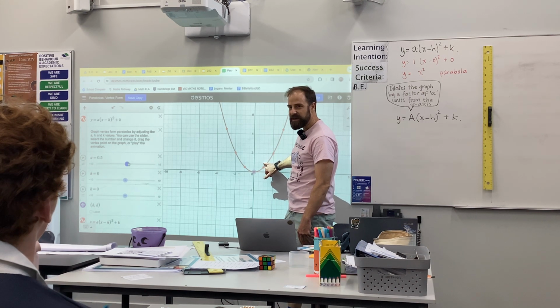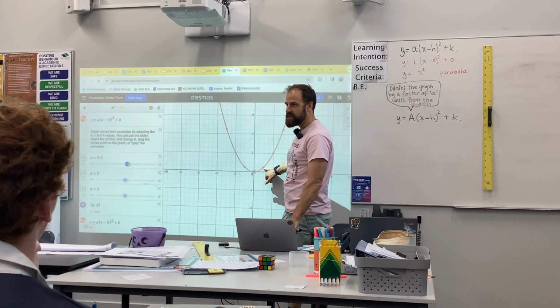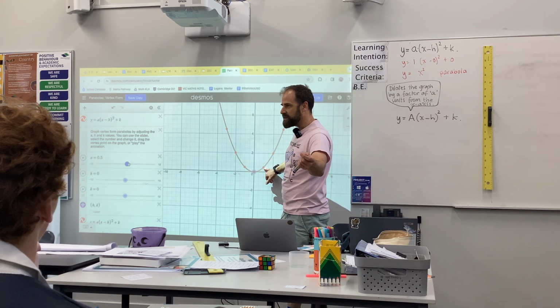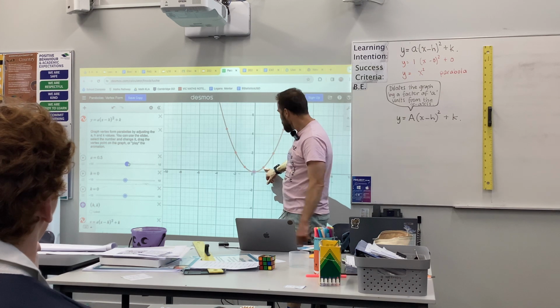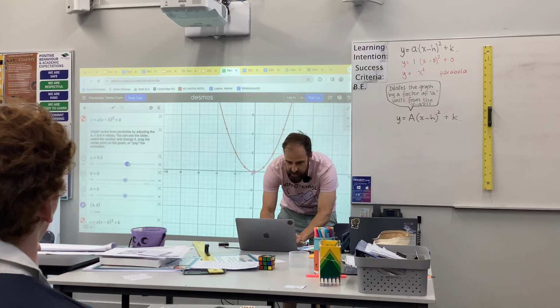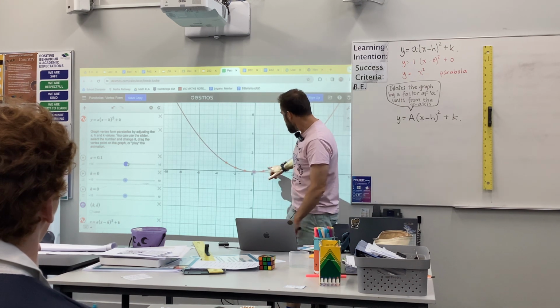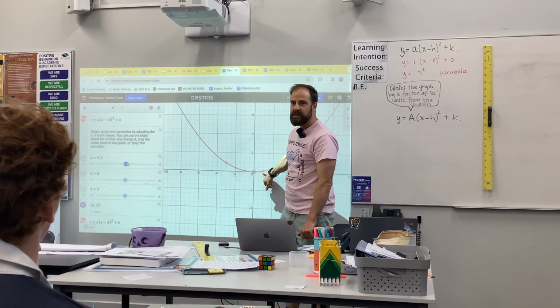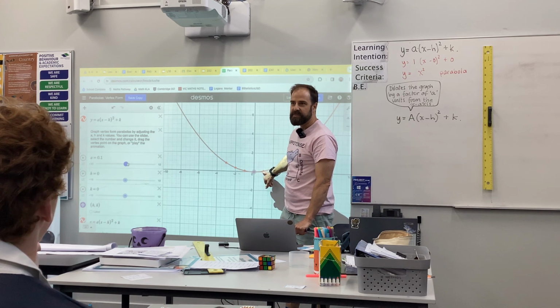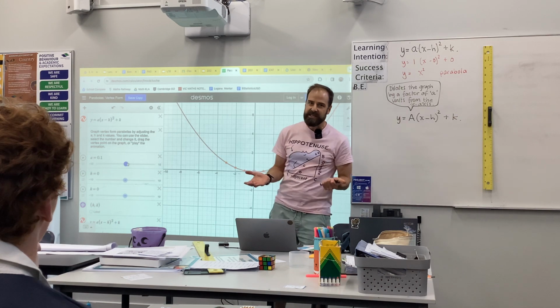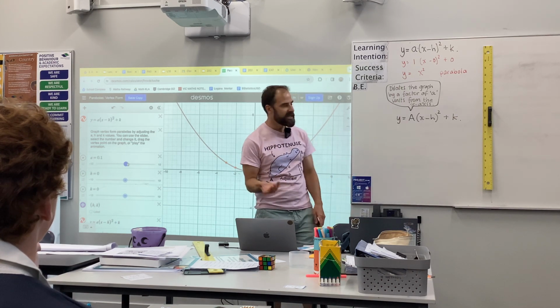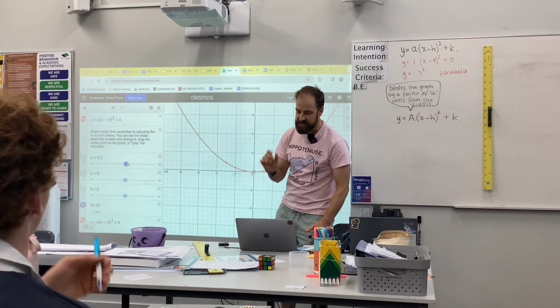That factor of 1/2 actually brings it halfway closer to the x-axis. What's 0.1 the same as a fraction? 1/10. So when I have A equal to 0.1, it is 1/10 of the distance from the x-axis. We still say it's a dilation from the x-axis. We still say by a factor of A, whatever that is.